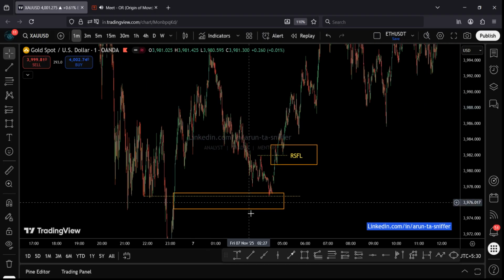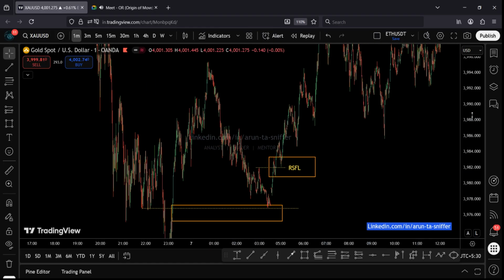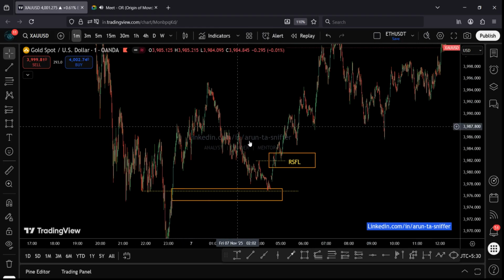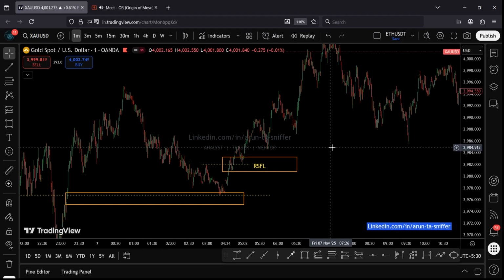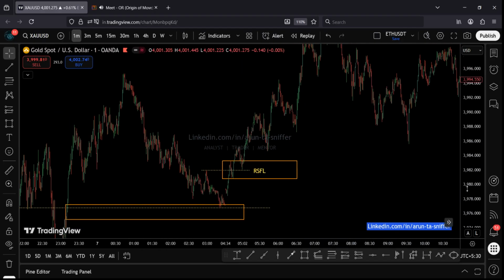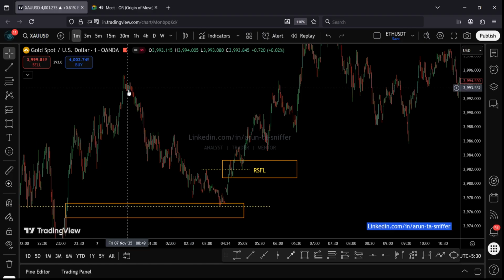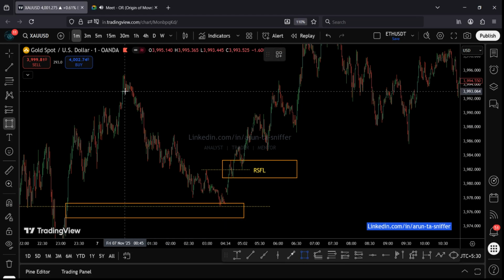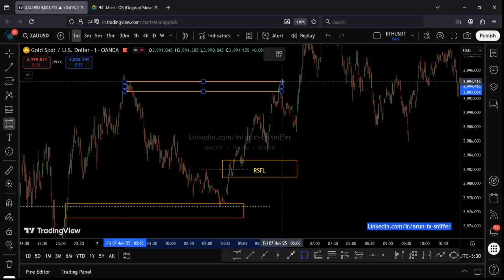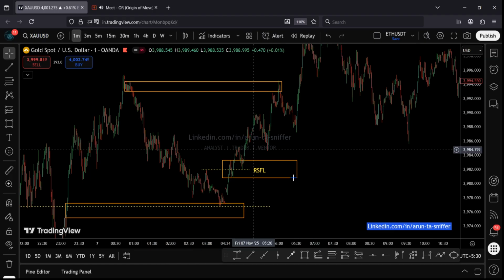Price was already hitting true zone, and price was coming from here. So probably price will reach to this origin. Look at this. Move started from here. Right? Move started from here.